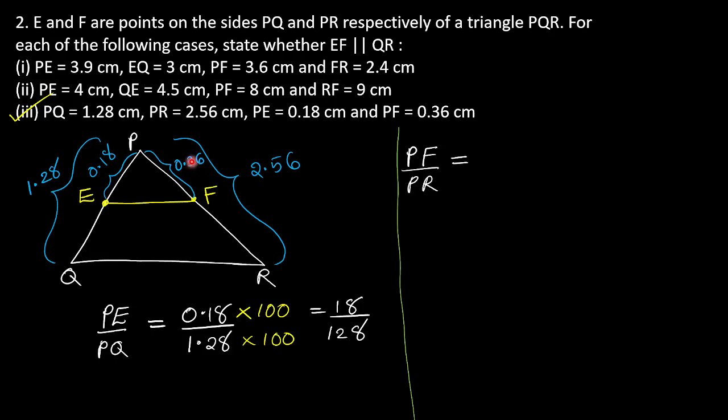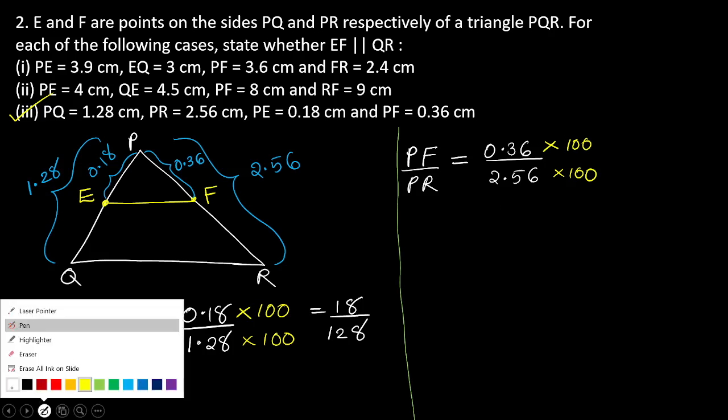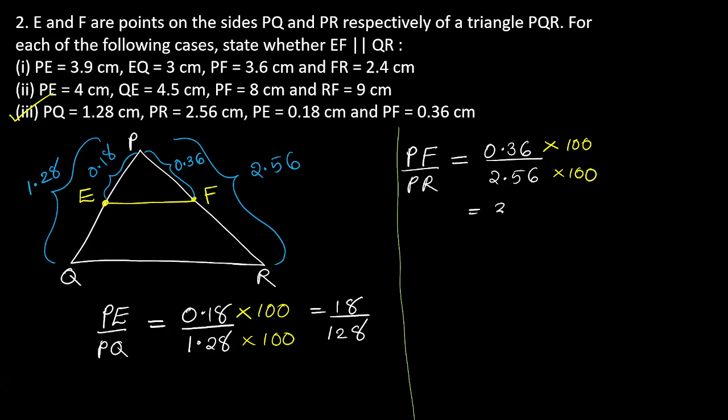PF is 0.36. PR is 2.56. Removing the decimal is important. Multiply numerator and denominator by 100. We get 36 by 256. Are these ratios equal? A small change.